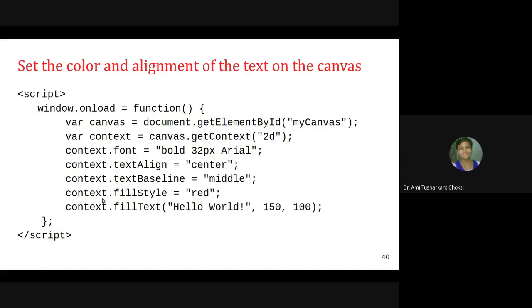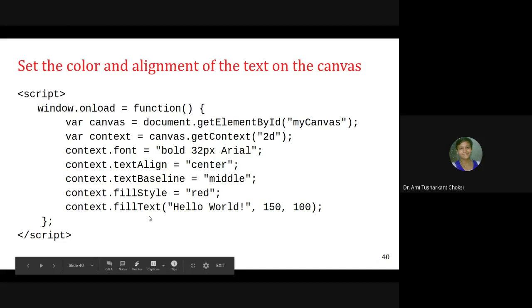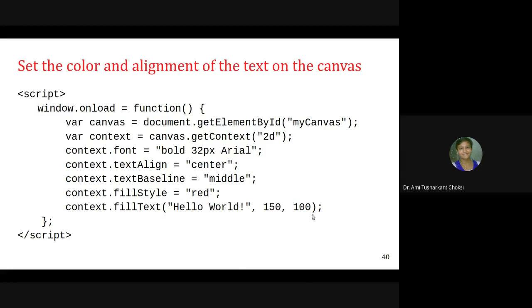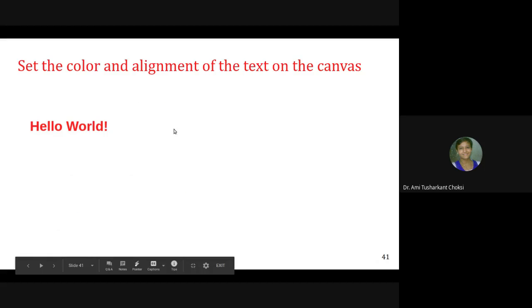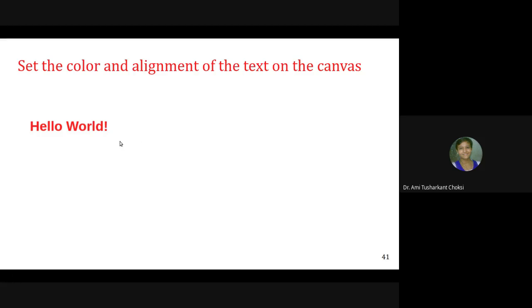Then after, context dot fill style, that is red, context dot fill text, that is hello world, at the location 150 and 100. When we do this, what we get as the output? Red color text, right? Red color text.